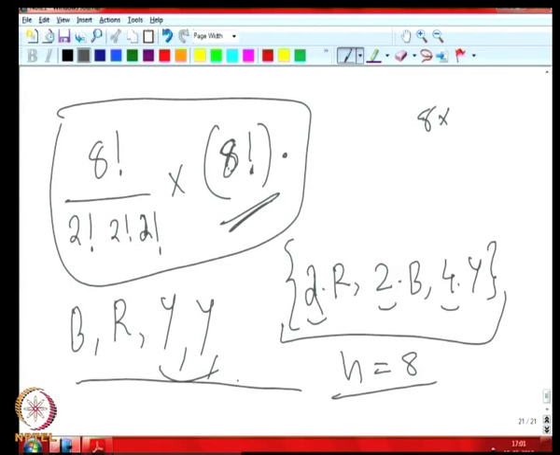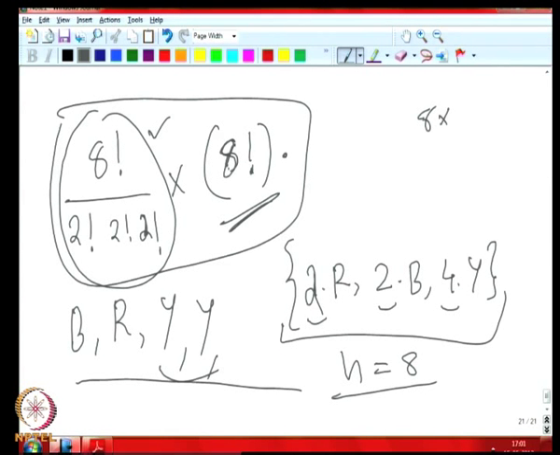For each of the 8 factorial non-attacking configurations, with colors we can make this many changes. I mean, for placing the rooks on the same positions, we can change the colors, deciding which color should go to which row in this many ways. This is the final thing we taught, the permutation of the multi-sets.